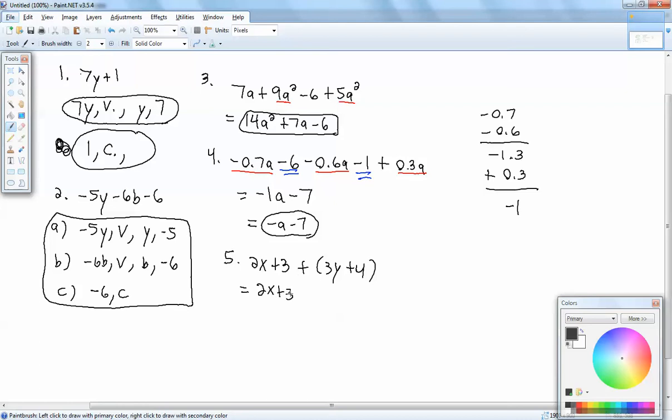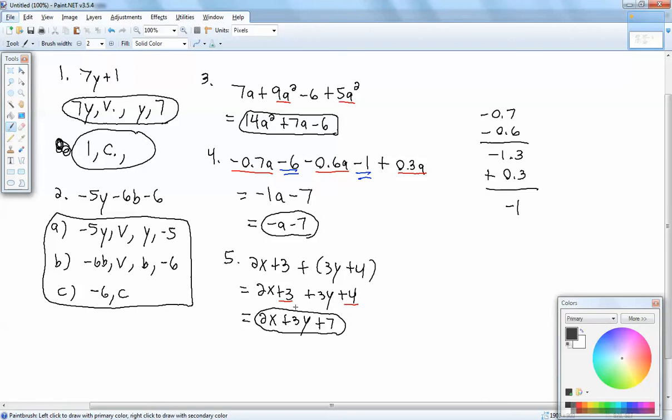And those second set of parentheses aren't actually doing anything, so I can just drop them. So then I want to combine together like terms, combine together numbers. There are no like terms, but I can combine these numbers. And I'm going to put 2x first, and then I'll put 3y, and 3 plus 4 is 7. And that would be our answer.